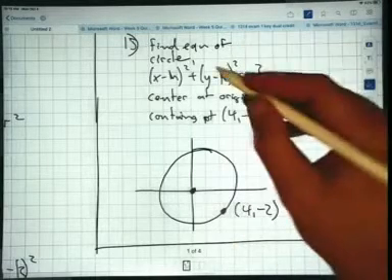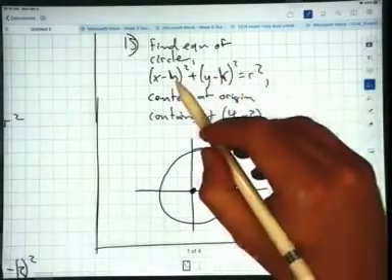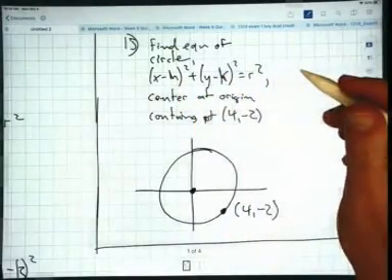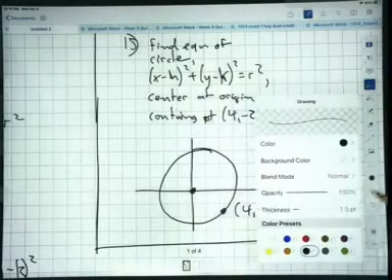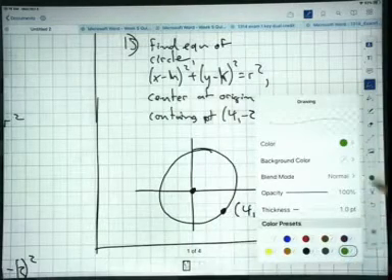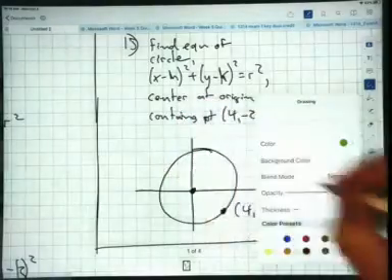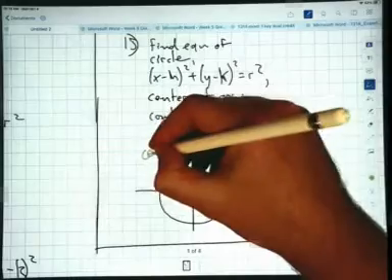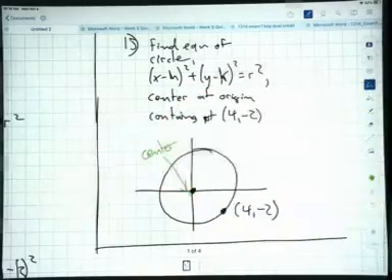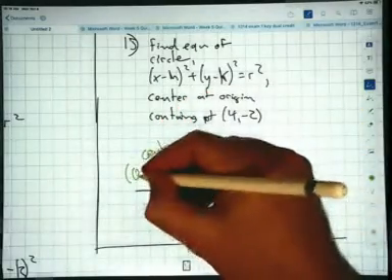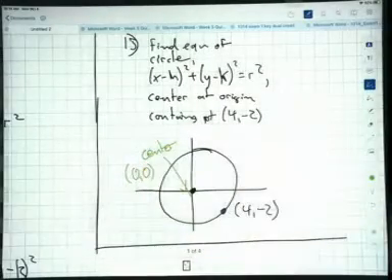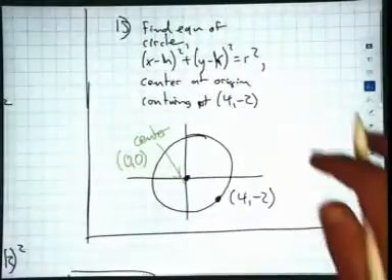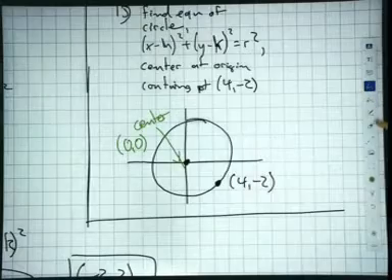So, what does this equation need? It needs two things. It needs a center, and it needs a radius. Well, we know what the center is. There's our center. It's given to us. The center is at the point 0, 0. So when it comes to the equation of the circle, we can start to get some information in.